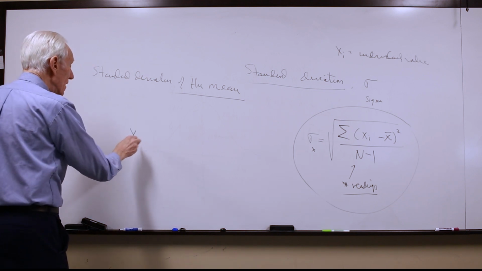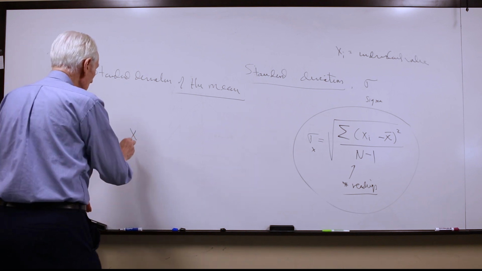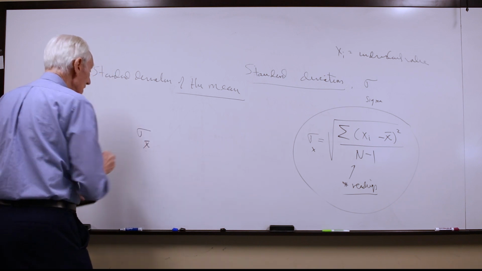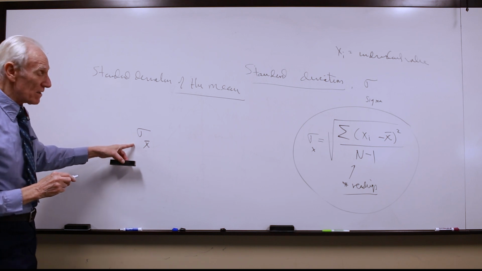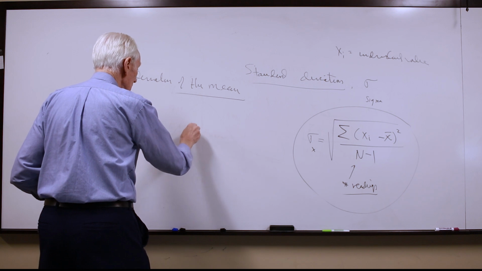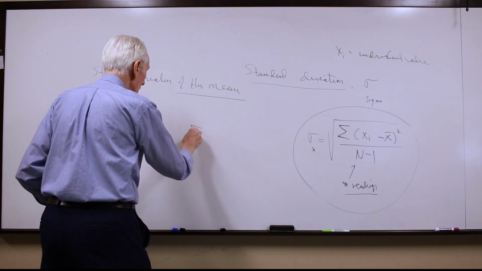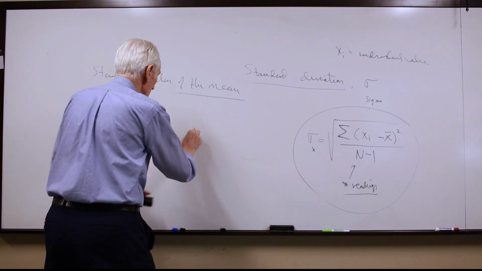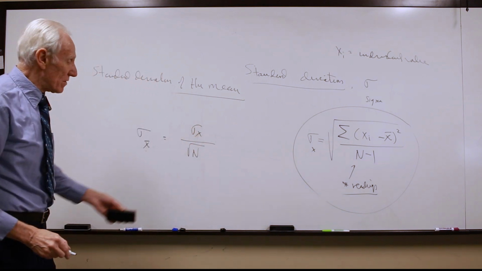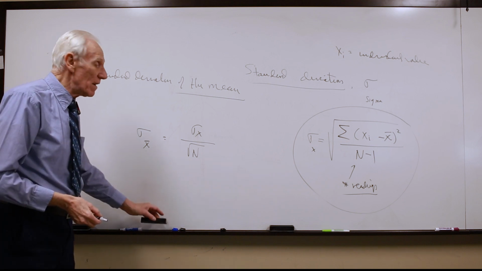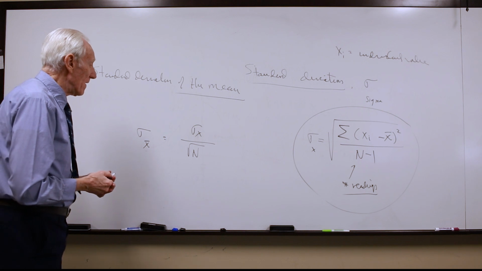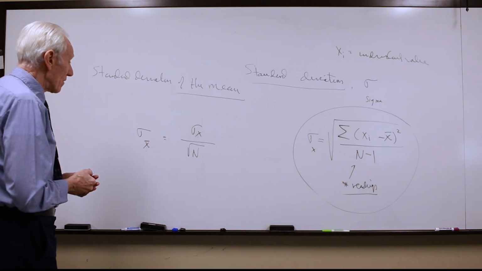If you want to find the standard deviation of the mean, that's what the x bar stands for, this is going to turn out to be the standard deviation of the distribution divided by the square root of the number of readings you took, which is, in the case we talked about earlier, 6. Square root of 6 is, well, it's between 2 and 3. So I forget which it rounds to, 2 or 3.